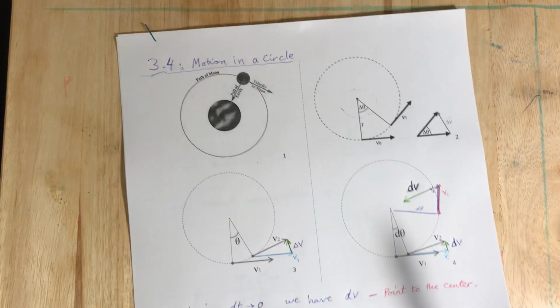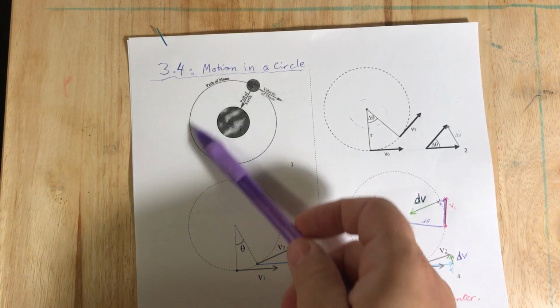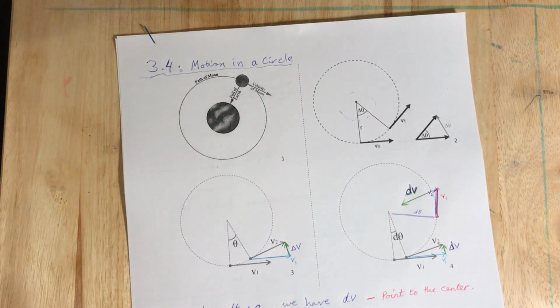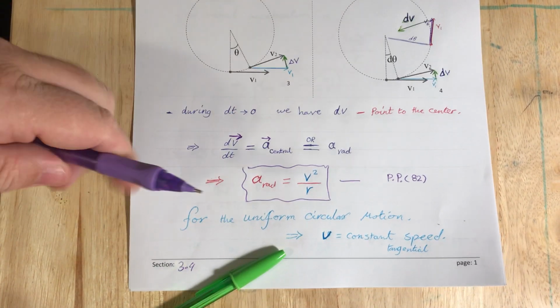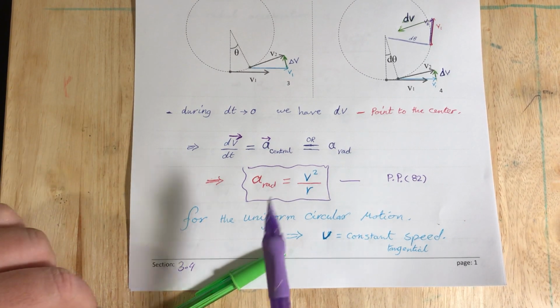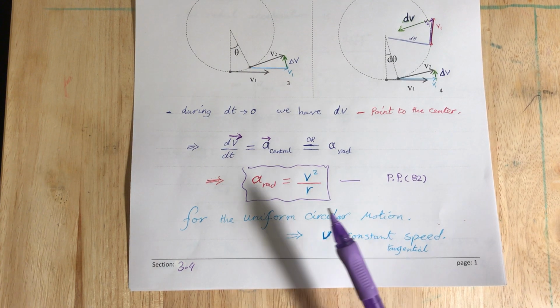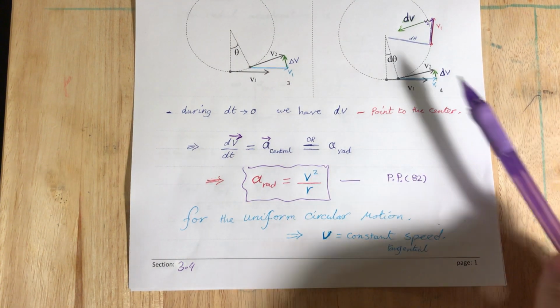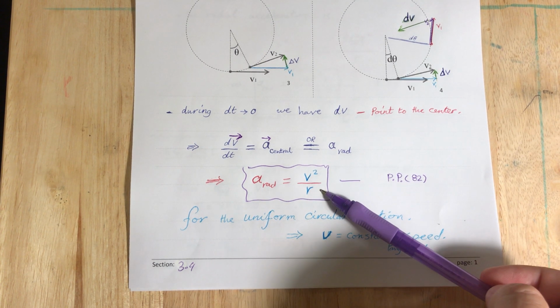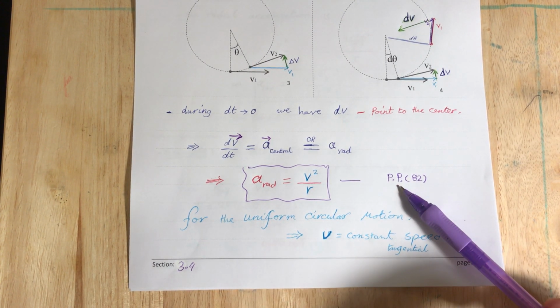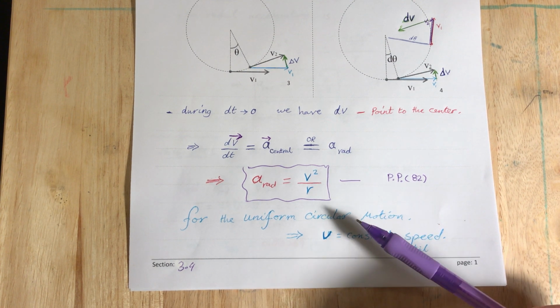So when the moon rotates around the earth, there is an acceleration toward the center of rotation. This radial acceleration is equal to v squared over r. We can derive this formula, but it is easy. You can see it on page 82.